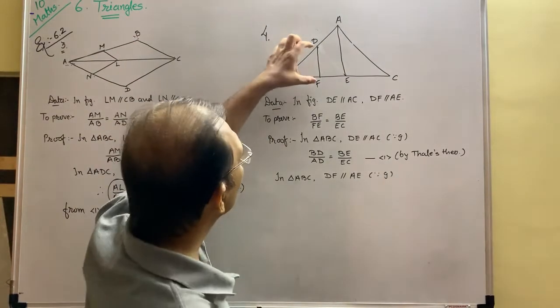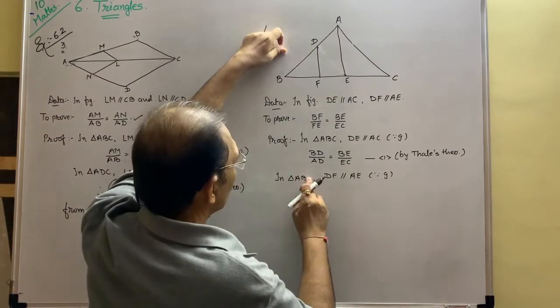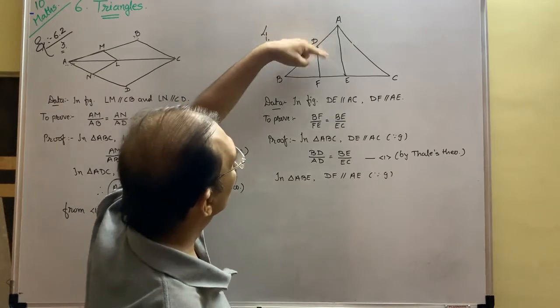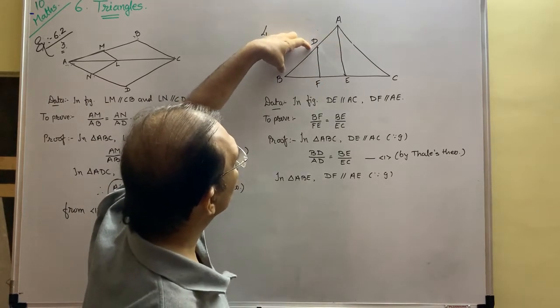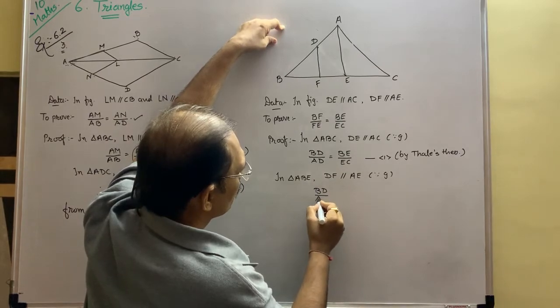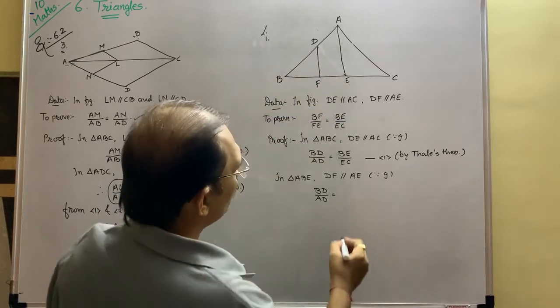If DF is parallel to AE, I can write BD upon AD is equal to BF upon FE.